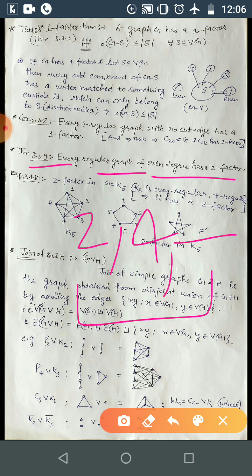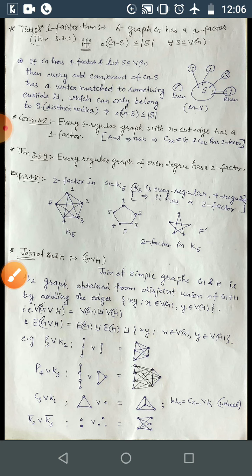So every even regular graph, that is 2-regular, 4-regular, 6-regular, and so on, has a 2 factor. Obviously it will be true. Every even regular graph is either a cycle or a union of cycles.